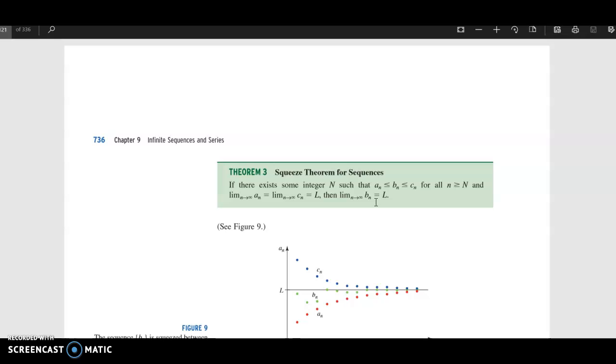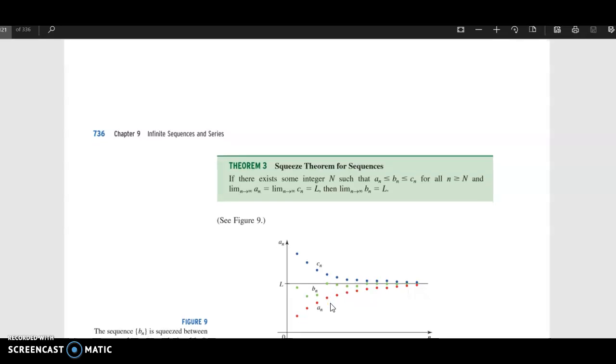If the two end limits are L, then the limit of the middle sequence must be the same limit L. Here cn is the right end sequence and an is the left end sequence. The bn lying in between approaches the same limit as an and cn.